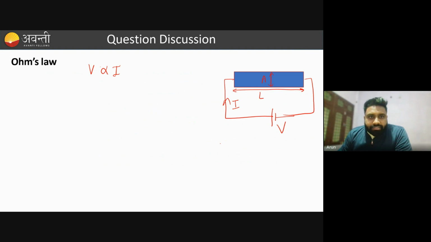Which means an increase in the applied voltage increases the value of current flow.